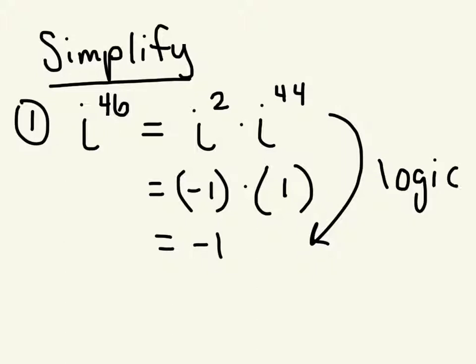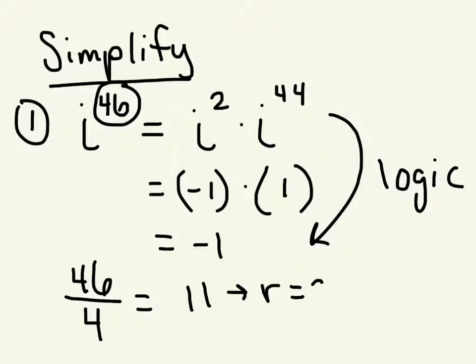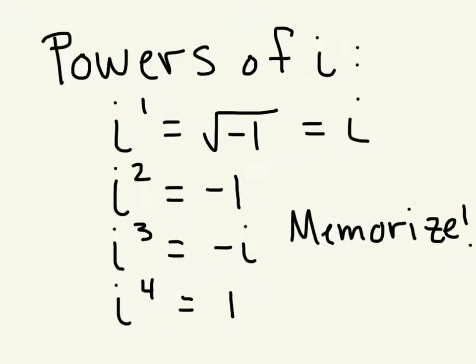Now, if we want to, we can memorize our chart of our powers of i and simply take our exponent, divide it by 4, and see what our remainder is. 46 divided by 4 is equivalent to, well, since 4 goes into 4 one time, and 4 goes into 6 one time without going over, with a remainder of 2, we now know that i to the 46 will be equivalent to, let's refer back to our powers of i chart. Here is our powers of i chart.